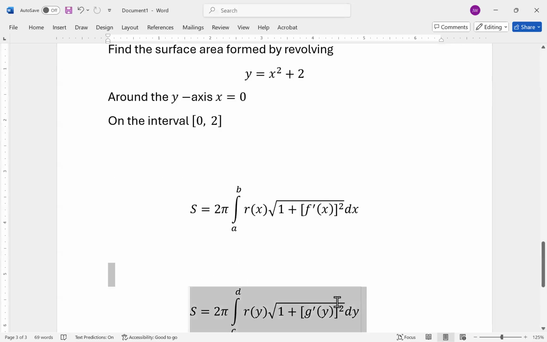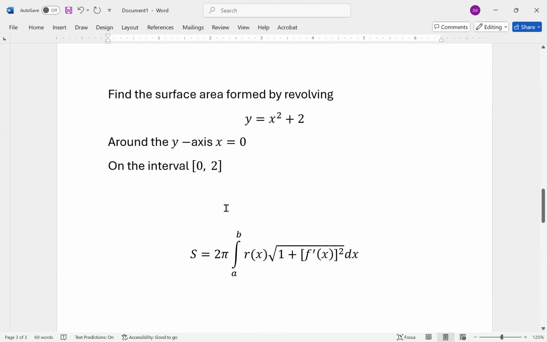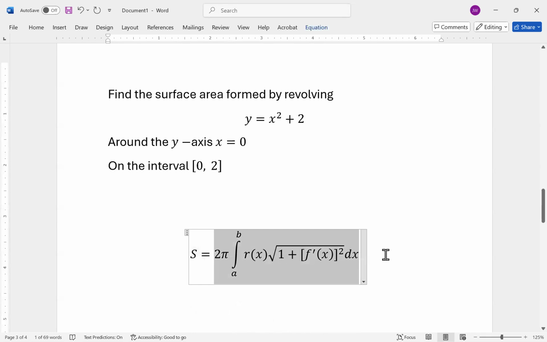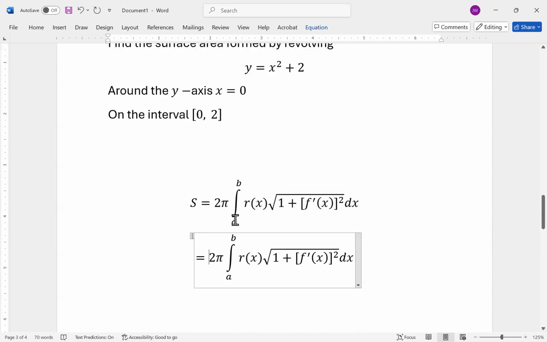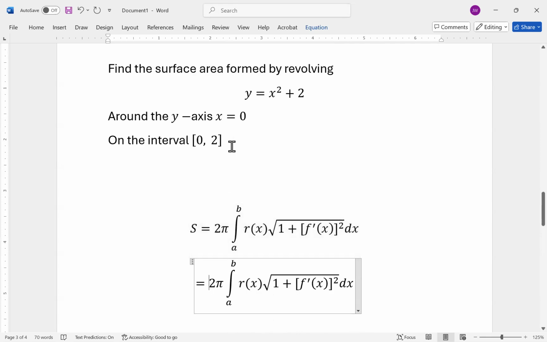So I don't want to use y's, I want to use x's. Let's use x's there. My surface area, if I want to integrate with respect to x, that formula becomes, since x's range from 0 to 2, my a is going to be 0, my b is going to be 2.